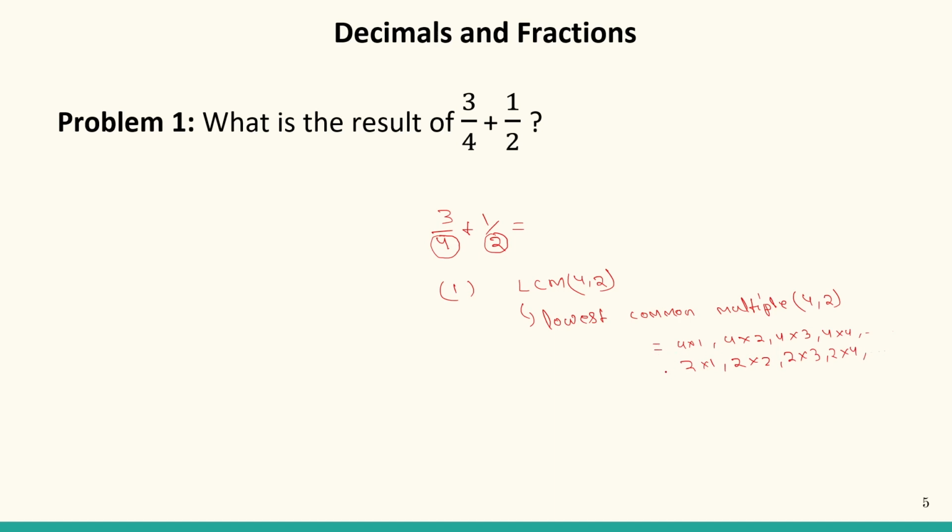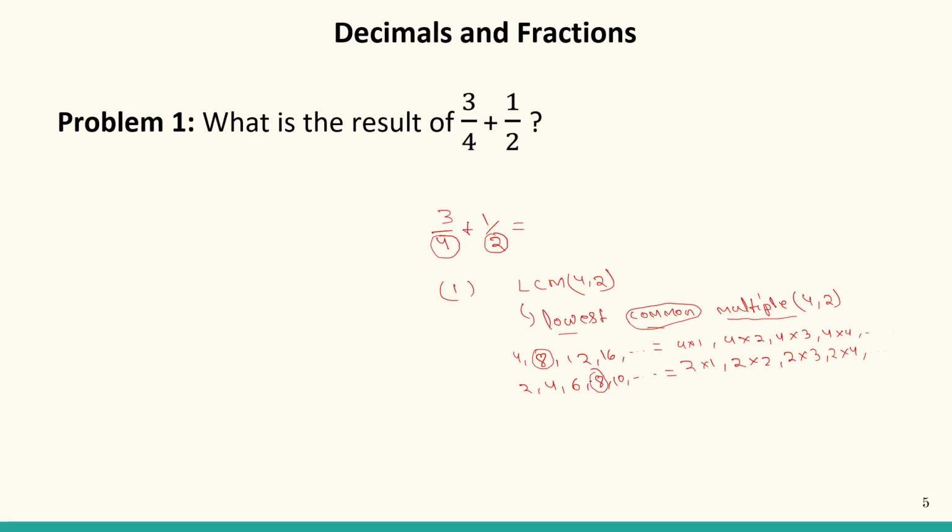This equals 4, 8, 12, 16, and so on, and 2, 4, 6, 8, 10, and so on. Here you can see the series. Then we need to see what is common between these two series.